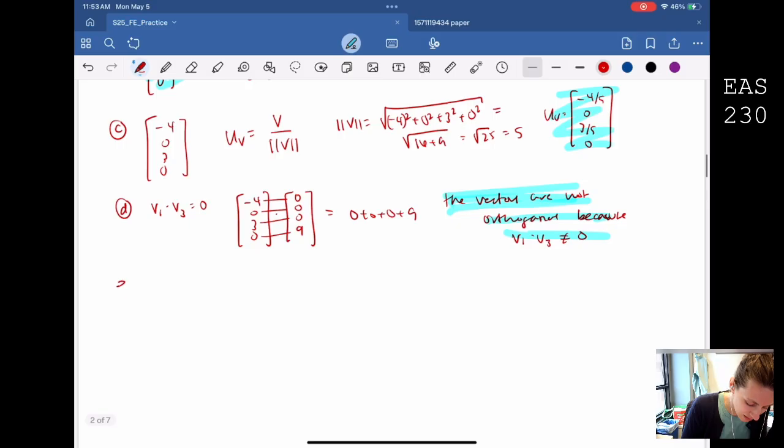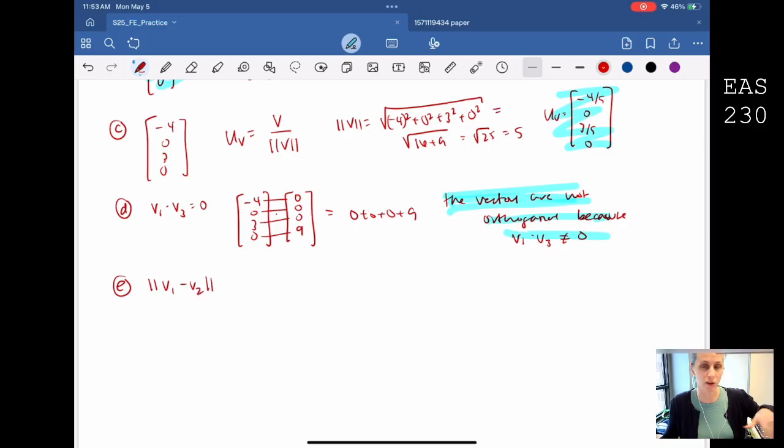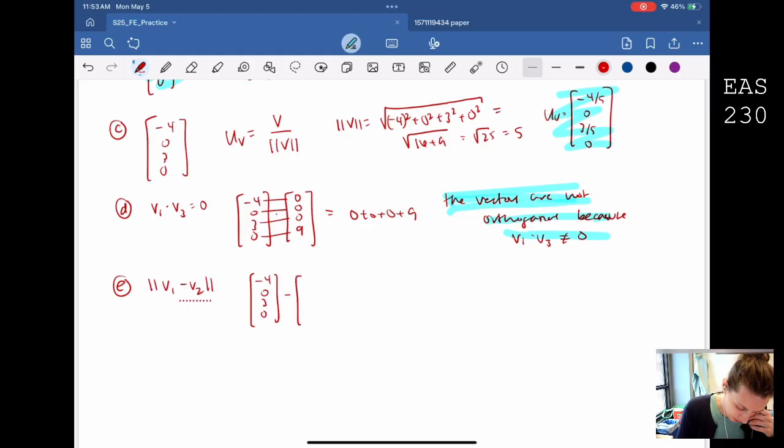What is the distance between V1 and V3? So the distance between 2 vectors can be defined as the norm of the vectors minus each other. So that's our equation for distance. Between 2 vectors, you should have all of these equations written down on your cheat sheet. There we go. So we've got V1 again minus V2, which is 0, 6, 0, negative 8.